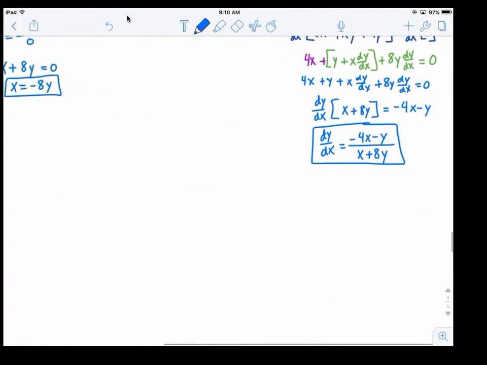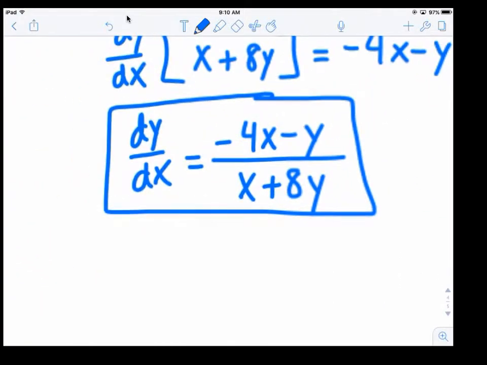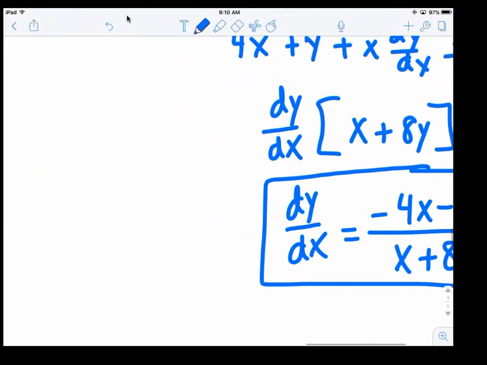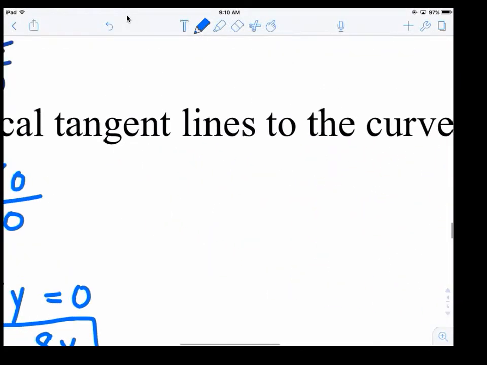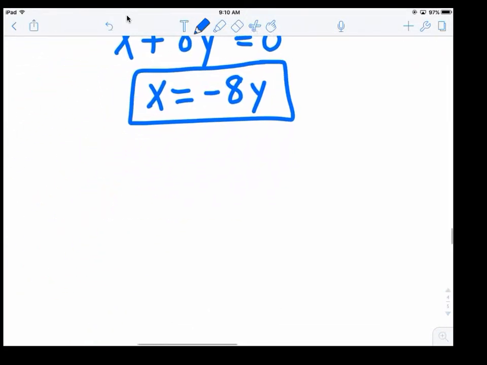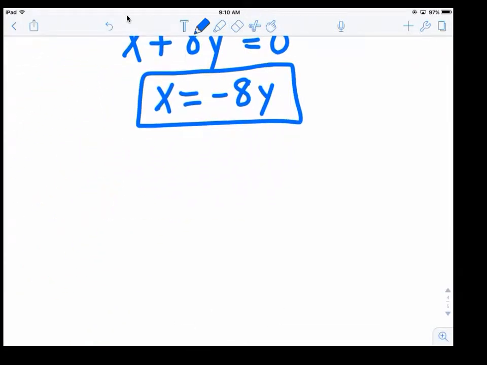To get the horizontal, we use the top part, and to get the vertical, we use the bottom part. Right. So again, you're going to replace any x terms with negative 8y.